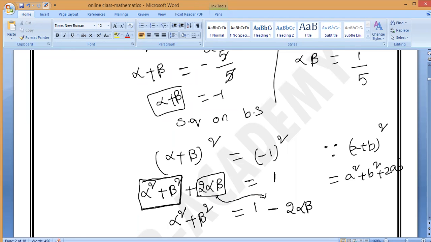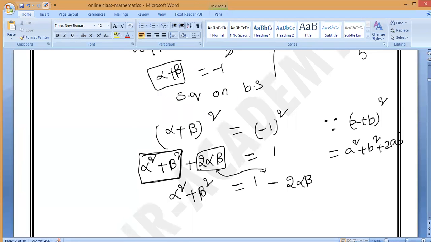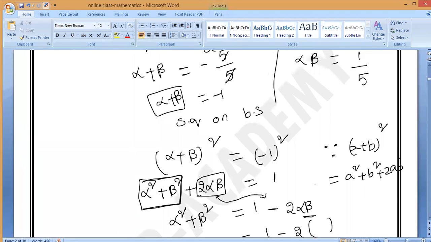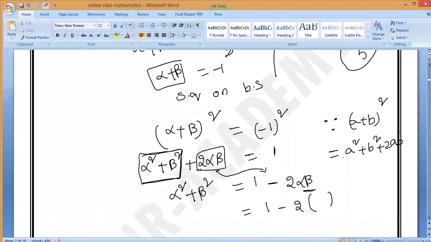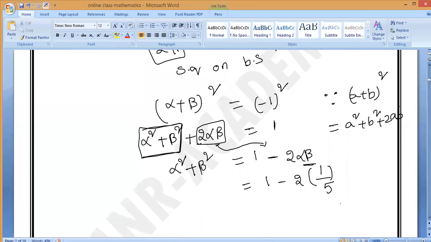Alpha square plus beta square equal to 1 minus 2 into, what is the product of zeros? 1 by 5. In place of alpha into beta, we substitute 1 by 5. Do you understand?